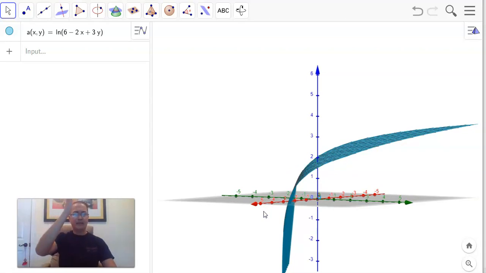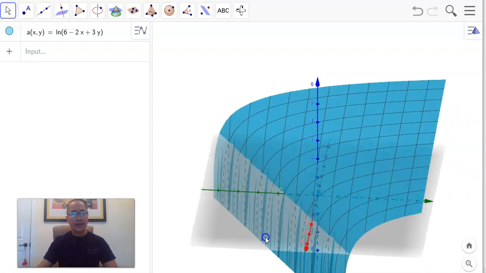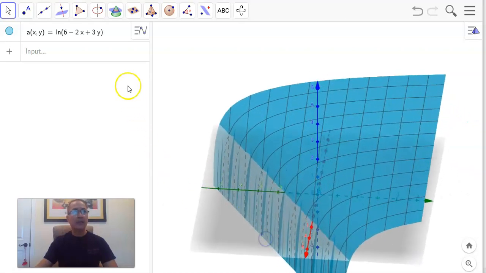The ln has a vertical asymptote. In this case, that vertical asymptote is going to be the line that we said we should be above on the xy plane so that we can compute the value of that function.